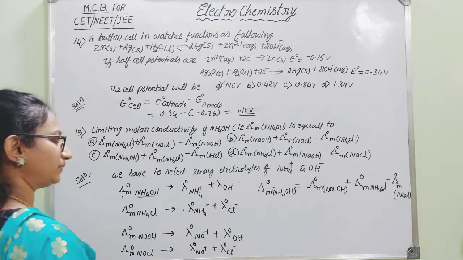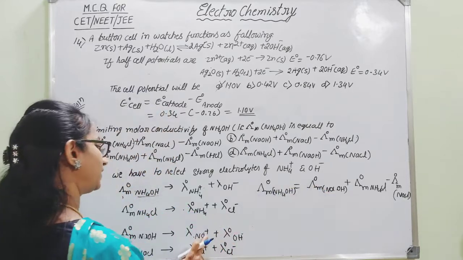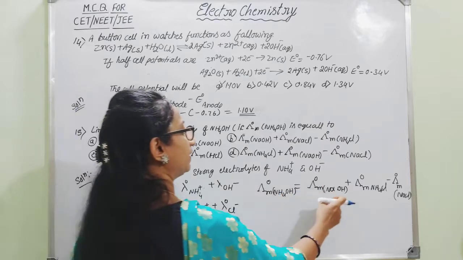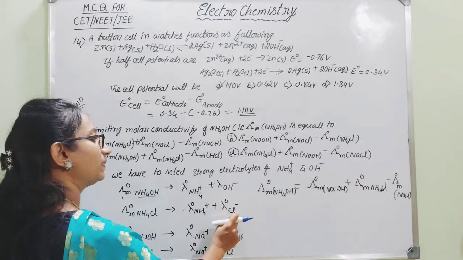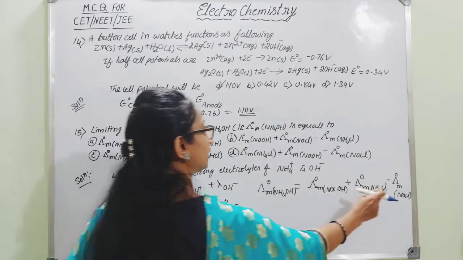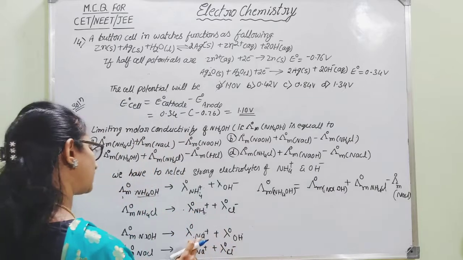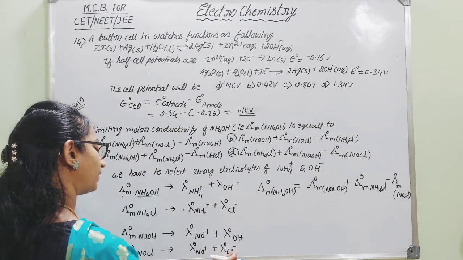How is it possible? As you can see here, lambda m naught of NaOH is Na plus and OH minus. We have added Na plus. Then lambda m naught of NH4Cl is NH4 plus and Cl minus. Then we are subtracting lambda m naught of NaCl, that is lambda m naught of Na plus and lambda m naught of Cl minus.